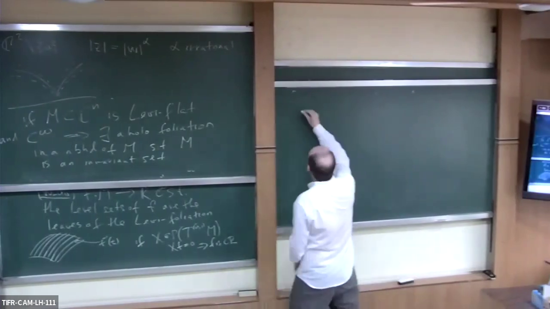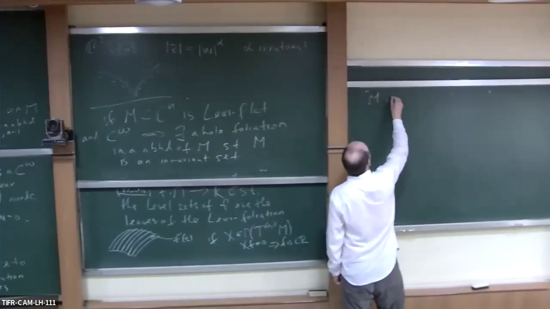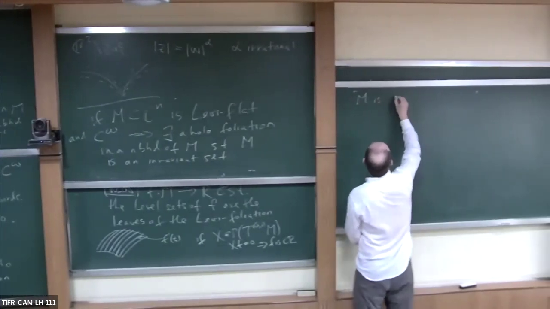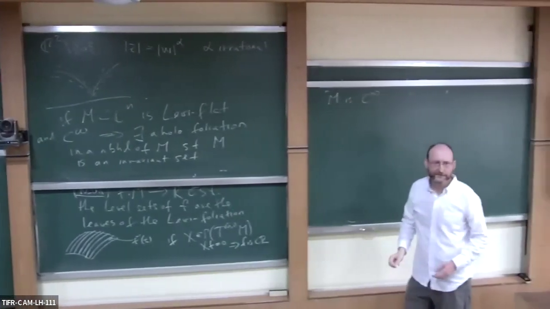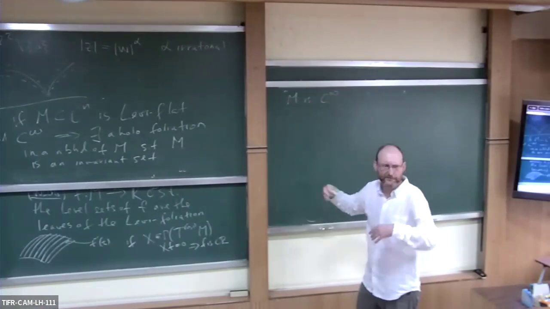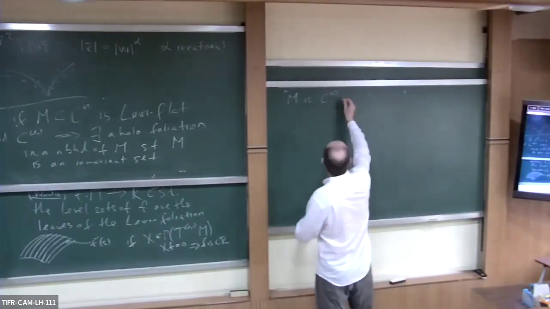First, suppose M is, let's suppose smooth first, smooth real-algebraic, but we're only going to do it up to smooth.